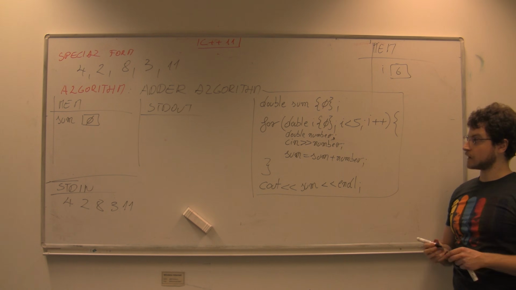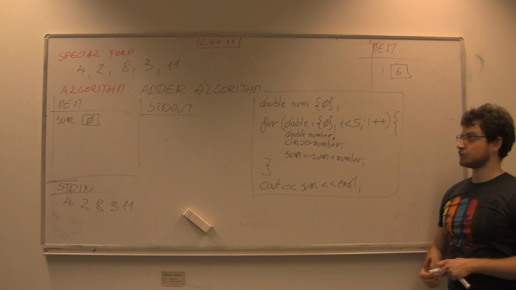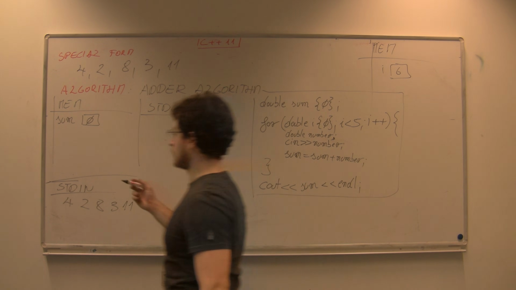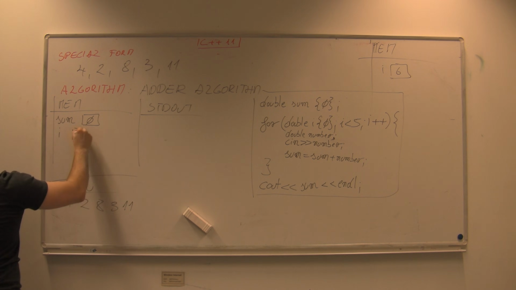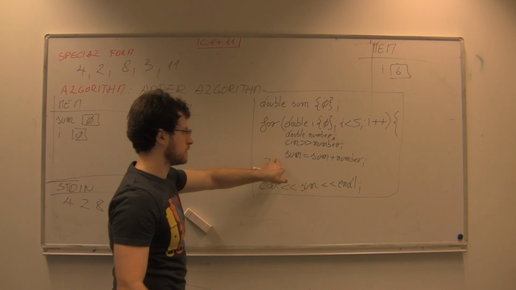In the next step, we have to evaluate the special form, for. We know this. So we introduce the loop variable I, bind it to 0. We check the condition. It is satisfied. 0 is less than 5. Then we may execute the body of the loop.